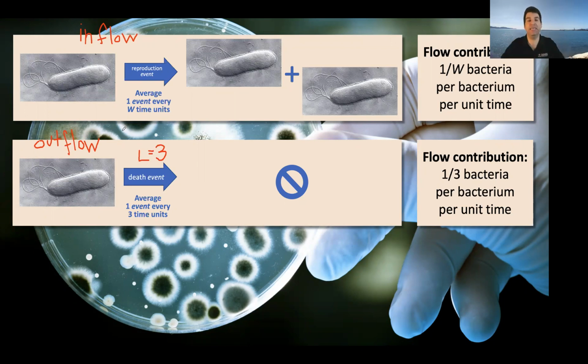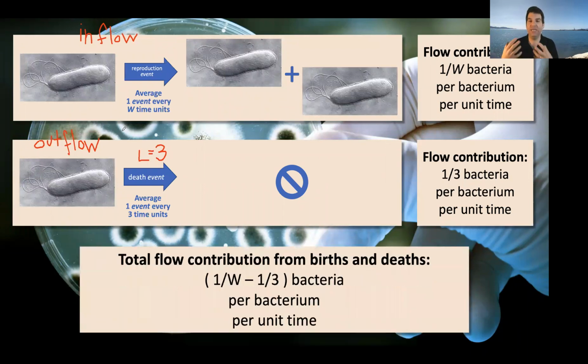At every DT, we just add in the effect of the inflow, which we already have, and the outflow, which subtracts away from it. So at every DT, we're going to adjust our flow to be equal to this expression up here, which will be 1 minus W, which is our inflow, minus 1 over 3.